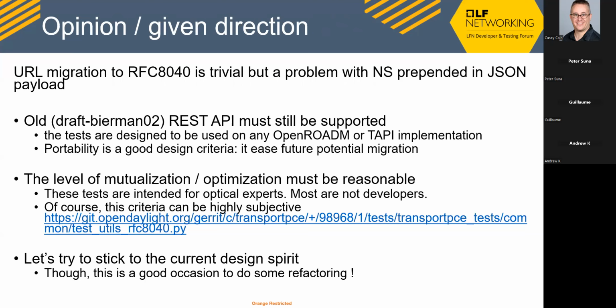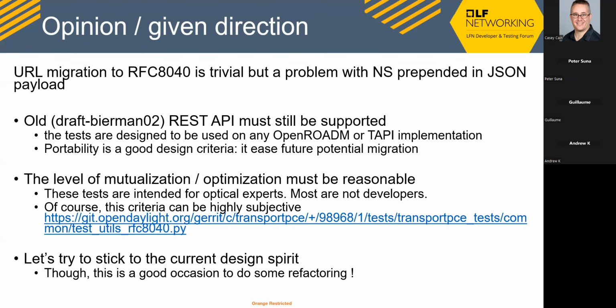The real problem is when we have to deal with the payload, and especially the JSON payload, because between draft-bierman-02 from the IETF and the real standard, which is RFC8040, I observed that the implementation in OpenDaylight changes a few things.